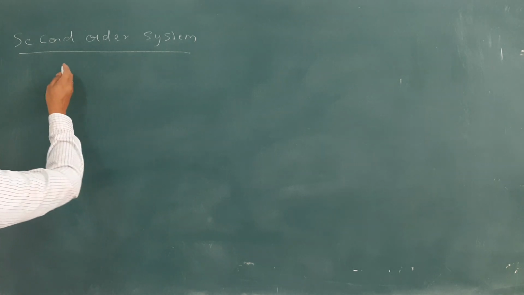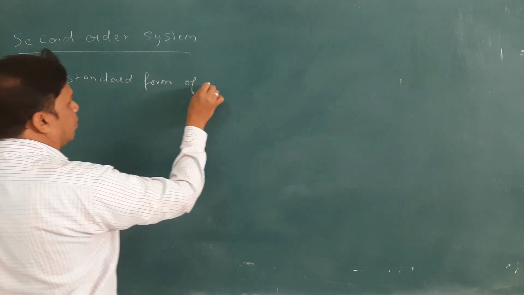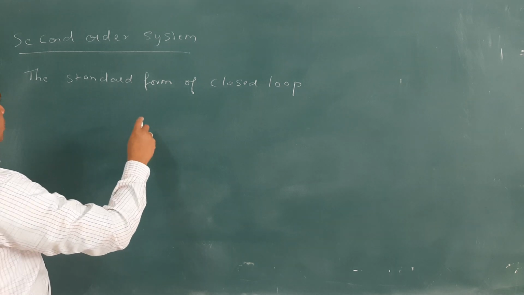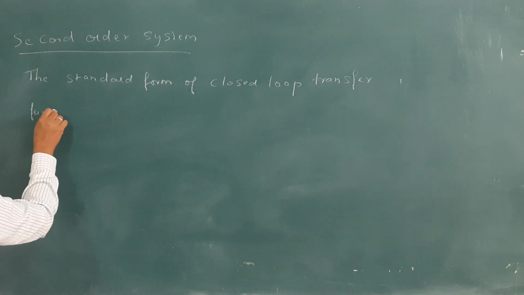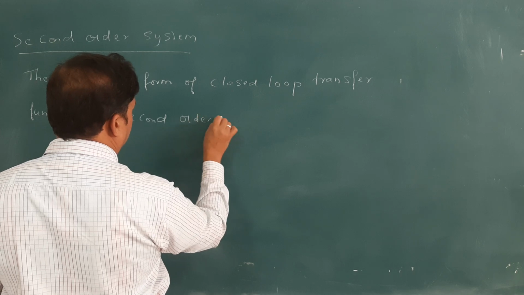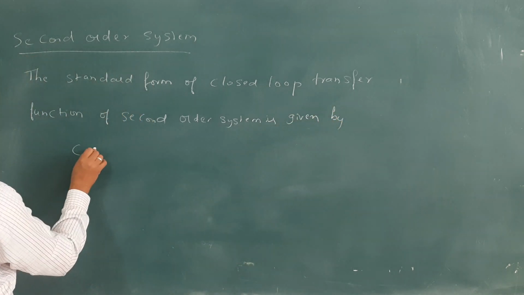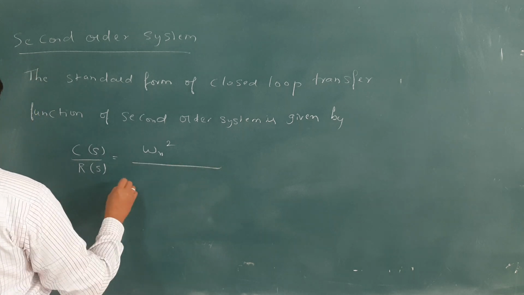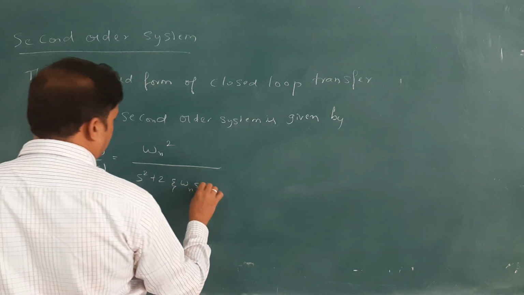Second order system is nothing but the standard form of closed loop transfer function of second order system is given by C of S by R of S is equal to omega n square by S square plus 2 zeta omega n S plus omega n square.